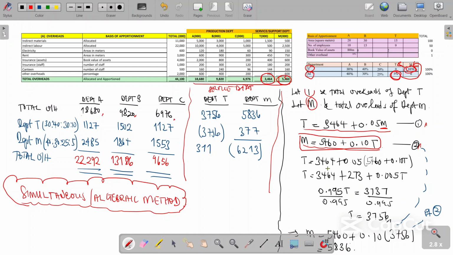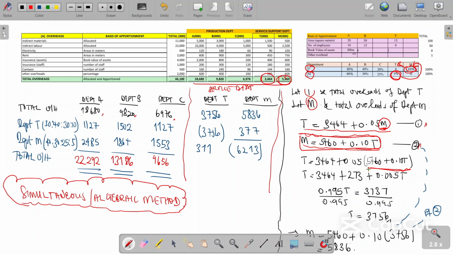So T equals 3464 plus 0.05 into brackets, then we put this whole equation here, because here is M. Now, when we put that whole equation here, we can simply multiply and open the brackets.